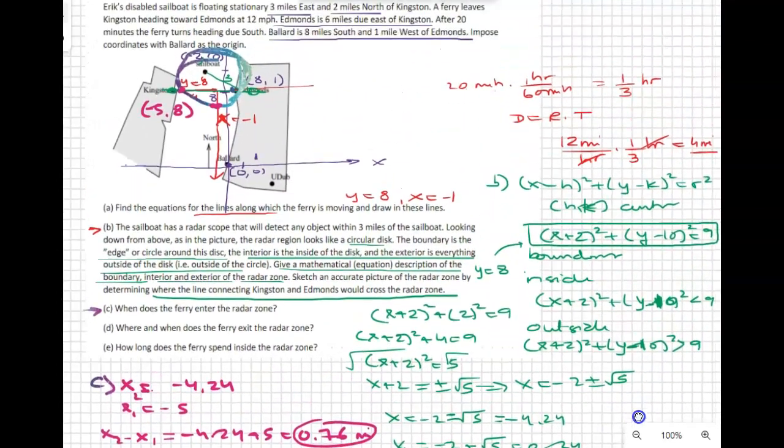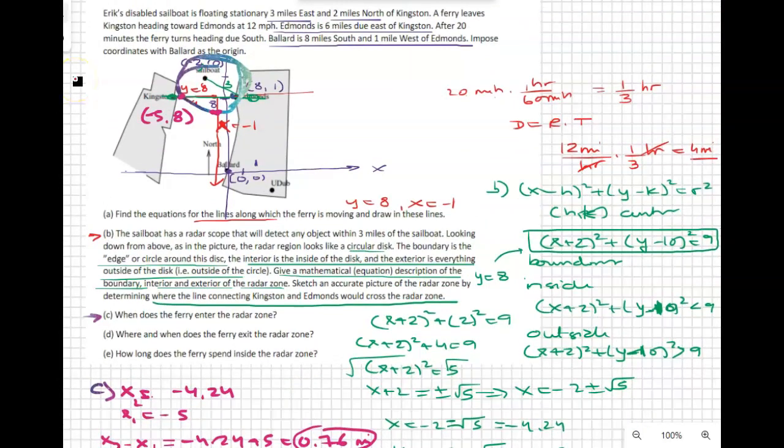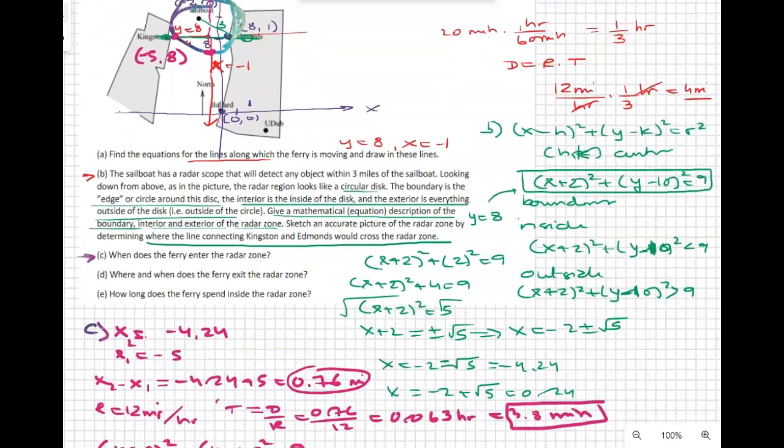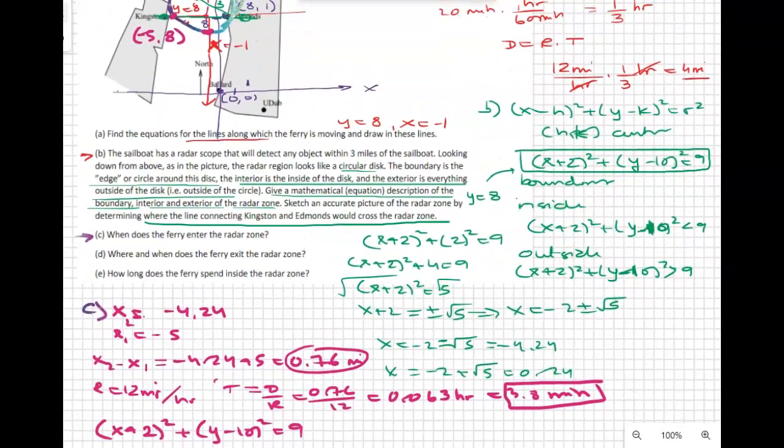Okay, so let's go back to the picture. This is when x equals negative 1. We get one y value here and one y value here. We're only interested in the lower one because the ferry is turning south. So let's see the distance covered.